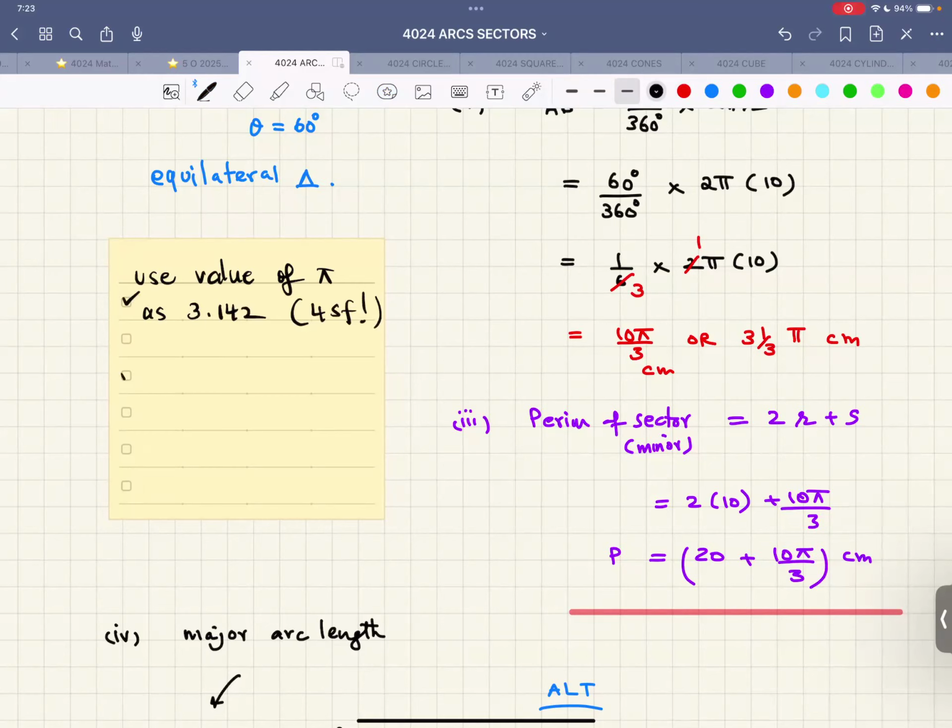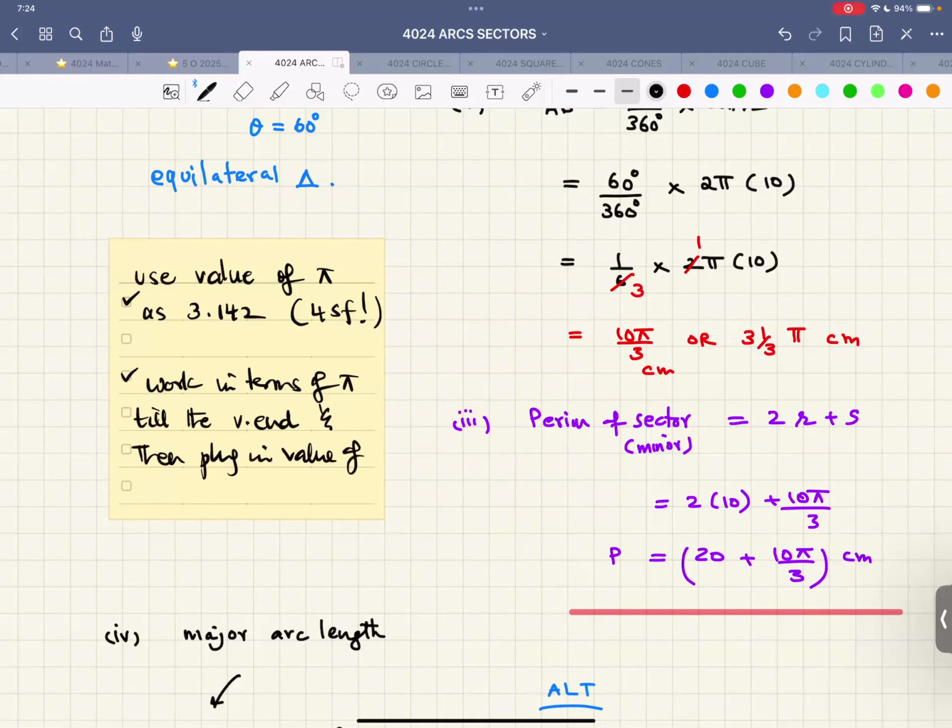And the next point is work in terms of pi till the very end and then plug in value of pi. All good, all clear? So that is some instruction from my side in order to preserve accuracy.